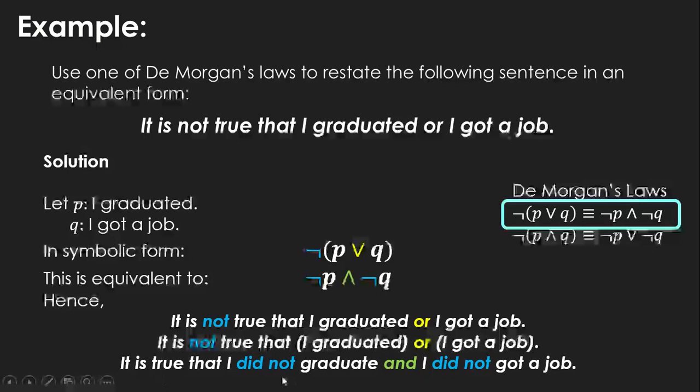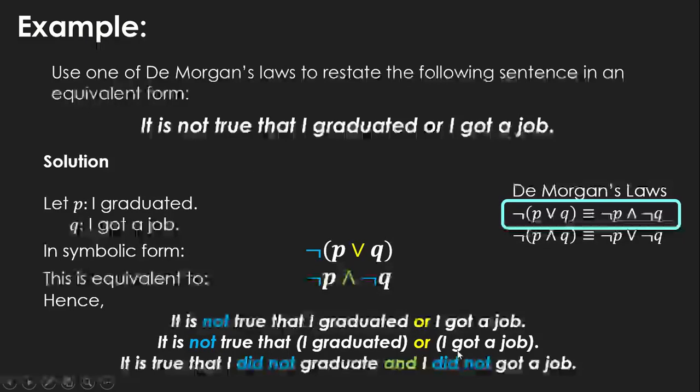So, kumbaga, it's not a reason na kasi ganun yung symbolic form niya, dapat ganun din pagka-state. We still need to follow the structures of English grammar. So, in this case, instead of just putting the word not, we used did not to indicate the past tense of the verbs in our propositions.